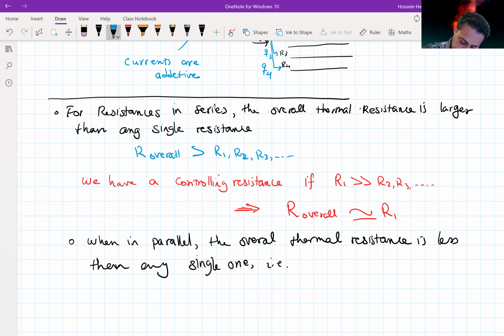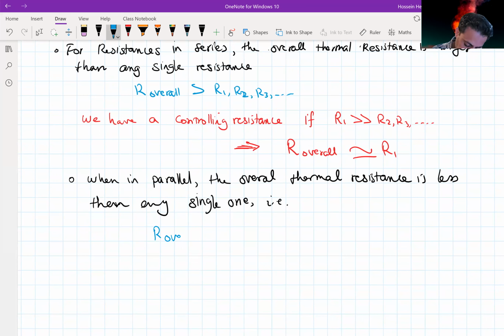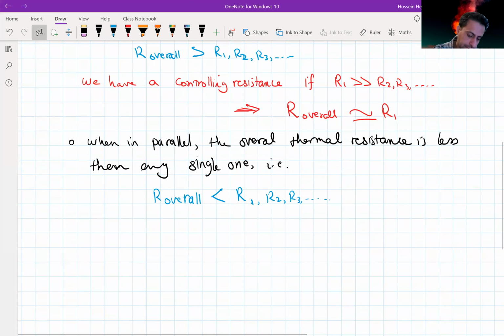Or in another word, this R overall is less than R1, R3.